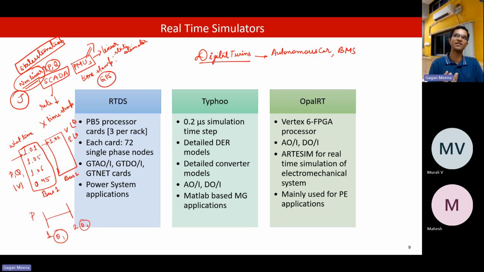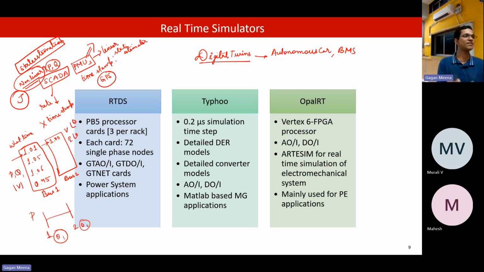Another example is the digital relays that we have. Let's say in the transmission line I want to install a new digital relay, a numerical relay, and I want to test it before installation.